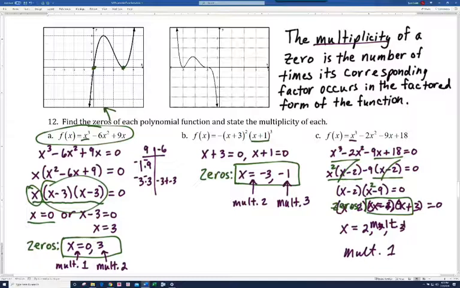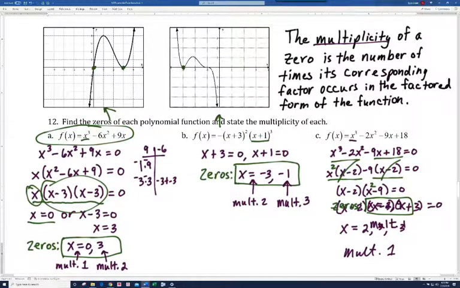Let's see if that same kind of thing happens on part B. So on this one here, B is the graph right above it. We have x equals negative 3, which is a zero of multiplicity 2. So if we look at the graph at negative 3, the corresponding x-intercept is (-3, 0).